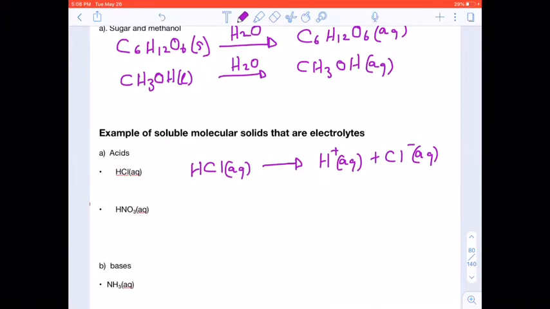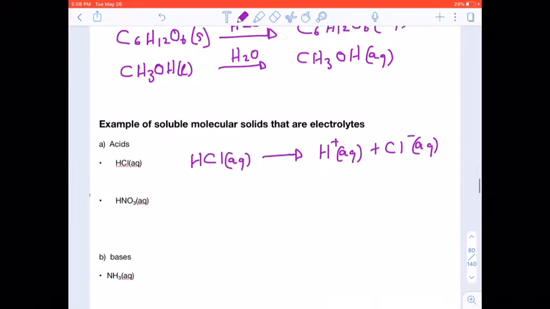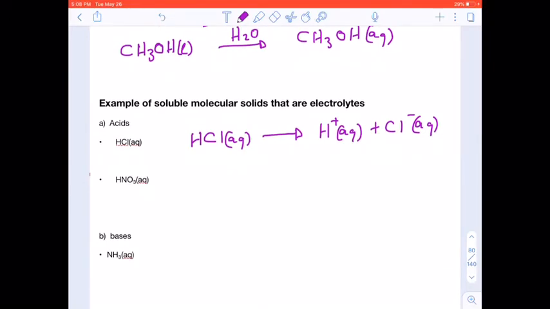You'll learn more about that in grade 11, but here I'm just giving you an indication that when an acid dissolves in water, it forms ions.